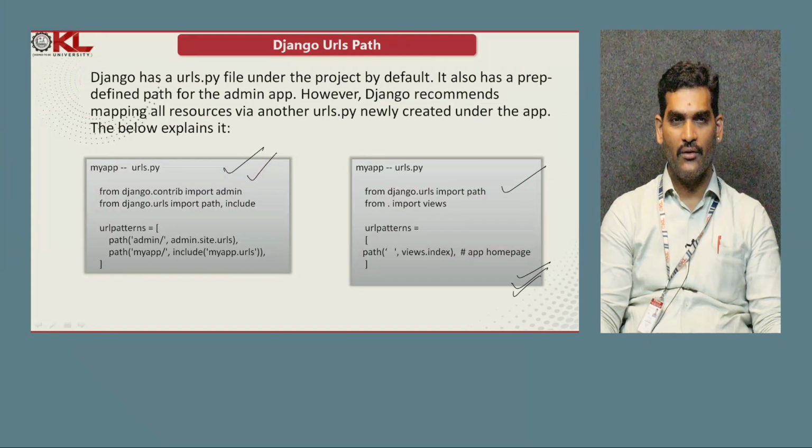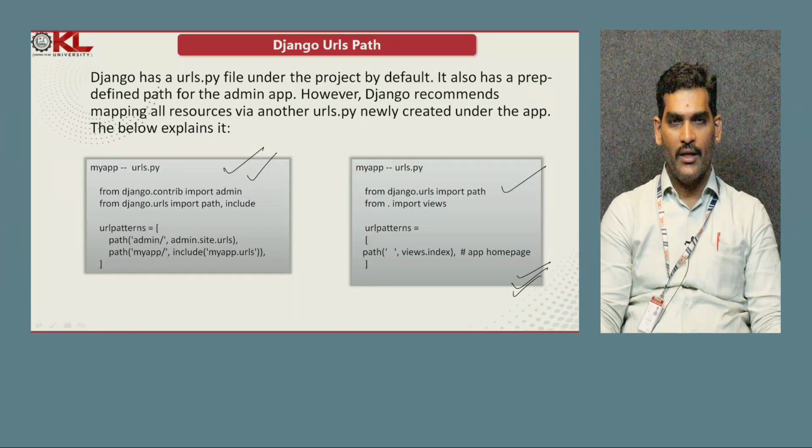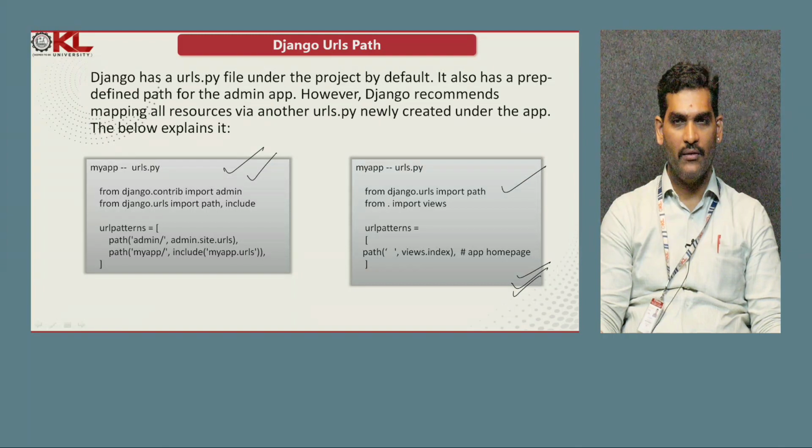declaration. So Django has a urls.py file under the project by default, and it also has a predefined path for the admin app. However, Django recommends mapping all resources via another urls.py newly created under the app.